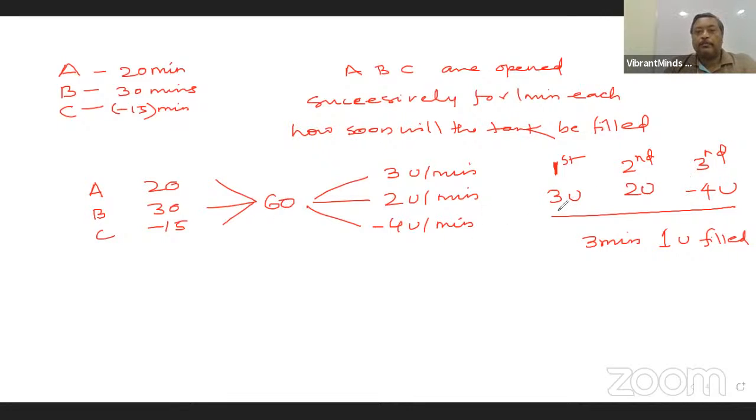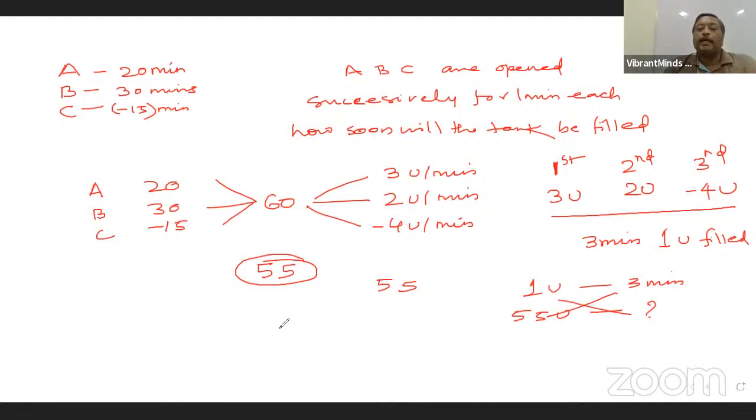So from 60 units, we subtract 5 units. So we will find out how much time it will take for 55 units. So for 55 units, we have 1 unit in 3 minutes. So 55 units in how many? Cross multiply, and that will be 165 minutes. In 165 minutes, total 55 units will be filled.